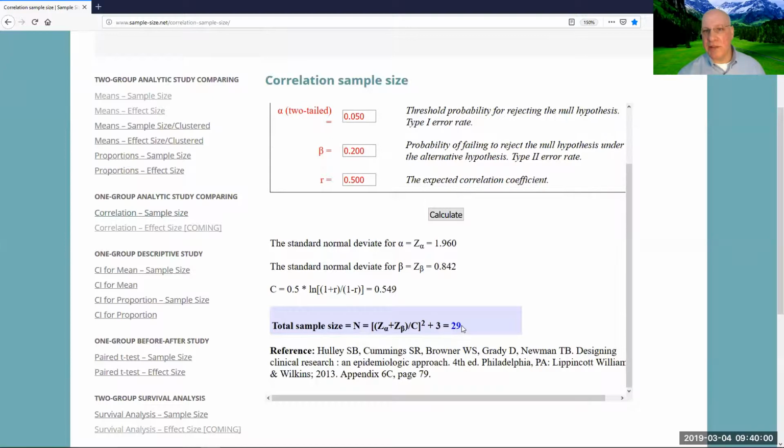And now we're getting a smaller sample. And if we are able to get correlations that are up around 0.6 because of the accuracy of the software, now we're bringing down the sample size from in the 40s down to less than 20.